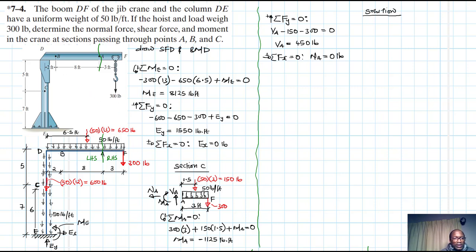So make another section at B, this point here, right? Great. So we have the right hand section and the left hand section. Which one do we go for? Of course, we are going to go with the simplest one. I will pick the right hand side. Okay, so let's draw that quickly and start doing the work.